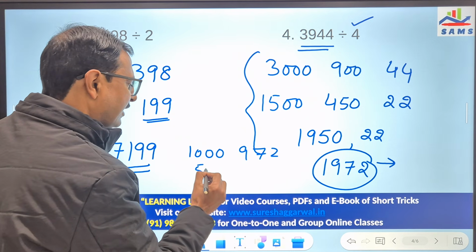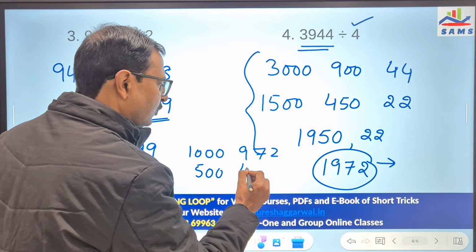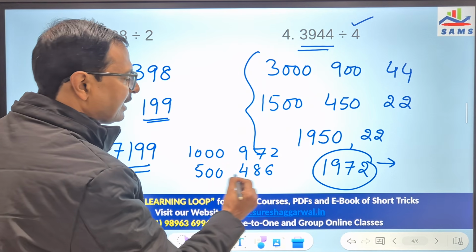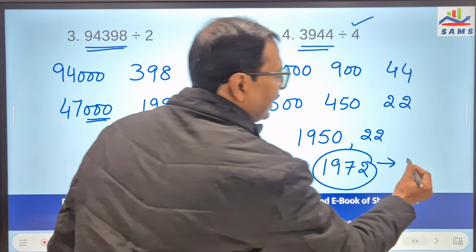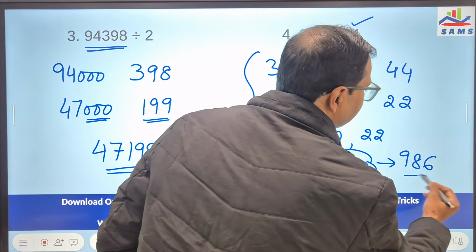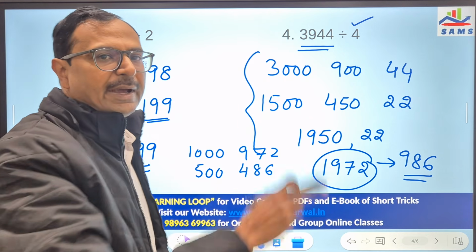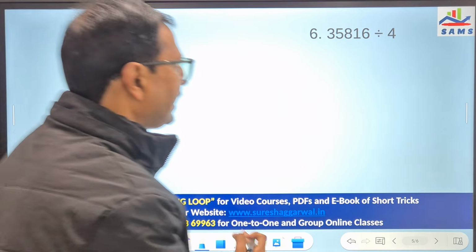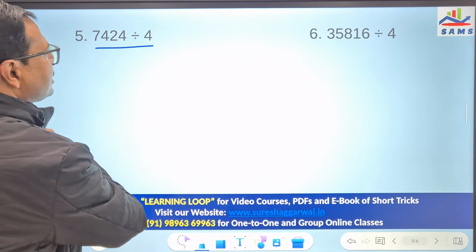So this becomes 500 and this becomes 486. So this is ultimately giving me 986 as the quotient when I divide 3944 by 4. Likewise, you can go on and try some more questions of division by 4.